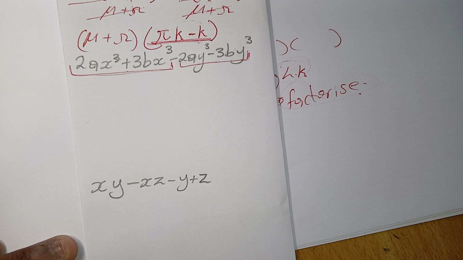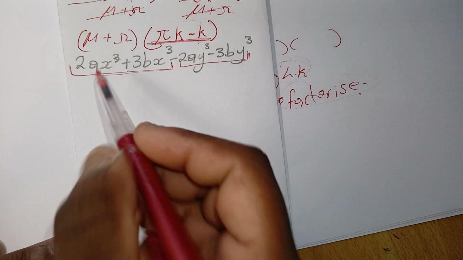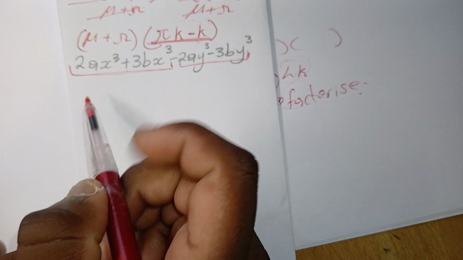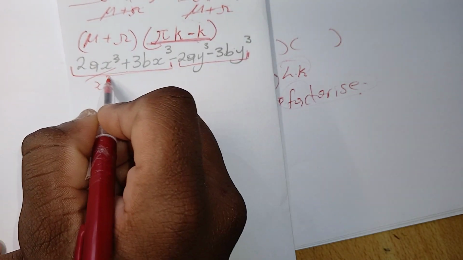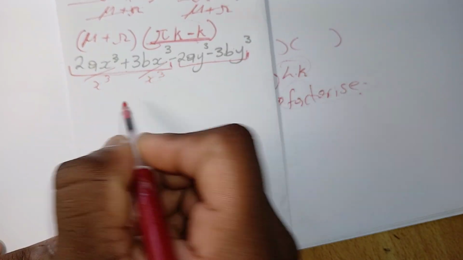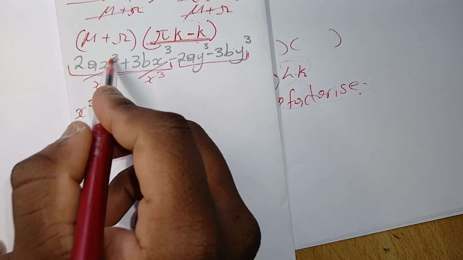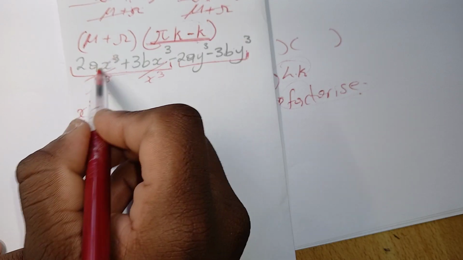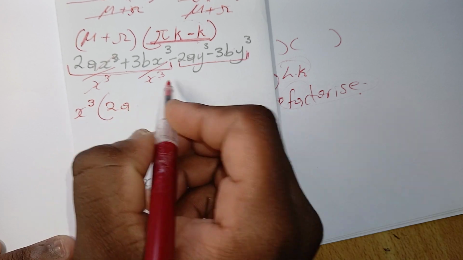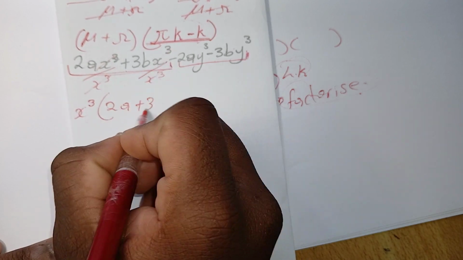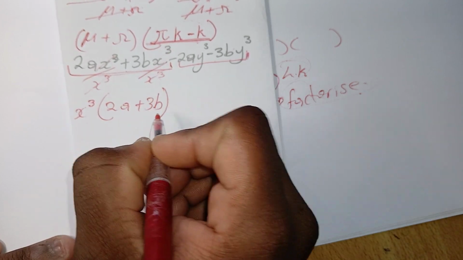Here the common factor is x³, so open bracket. When I divide by my common factor, they cancel, left with 2a. When I divide by my common factor, left with 3b.